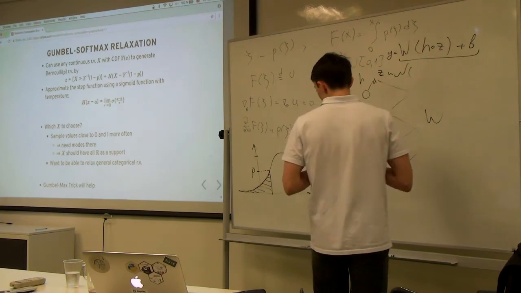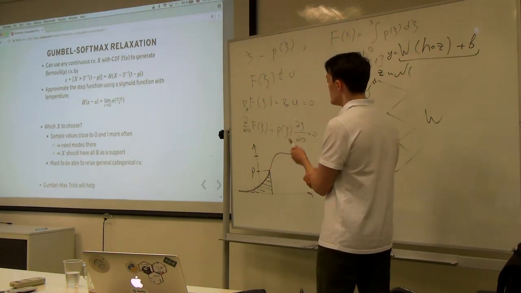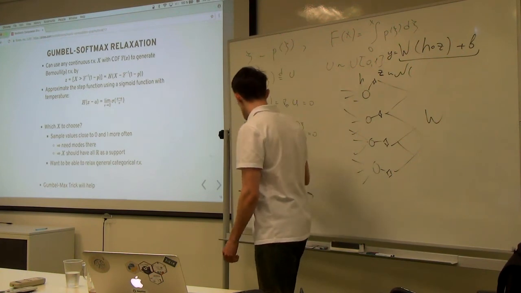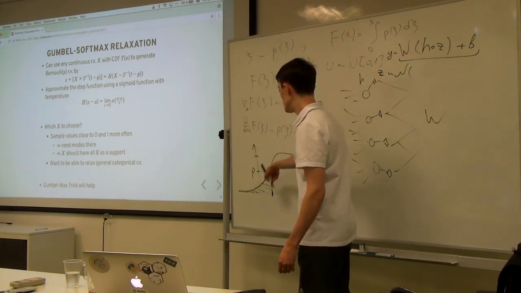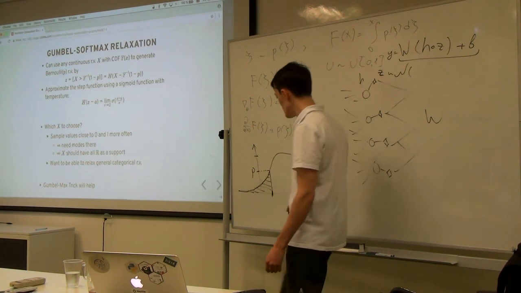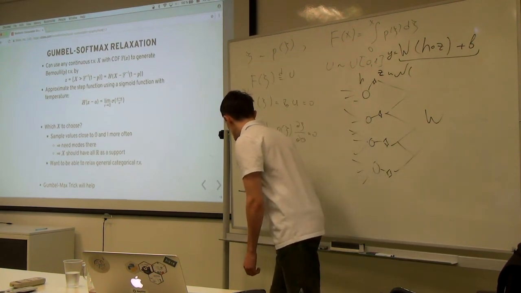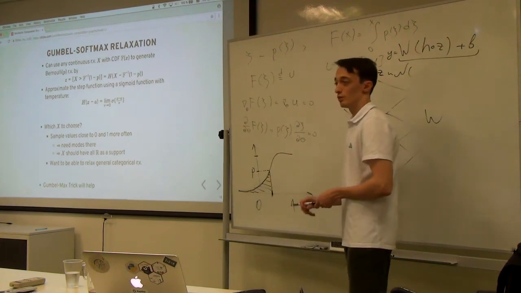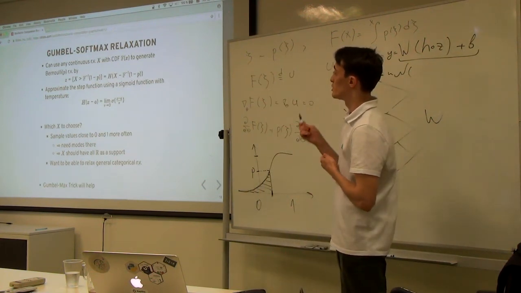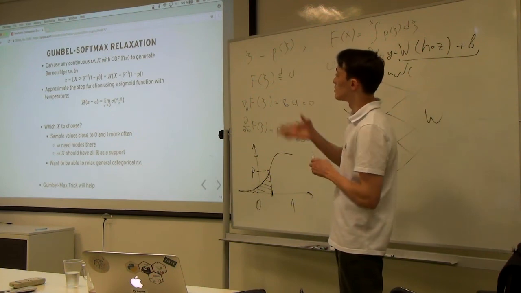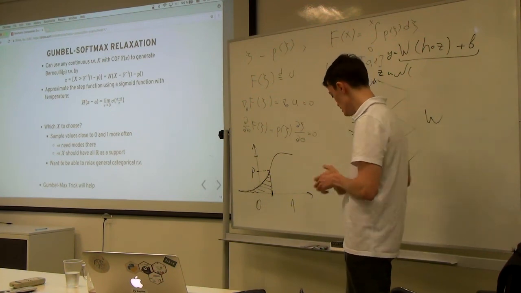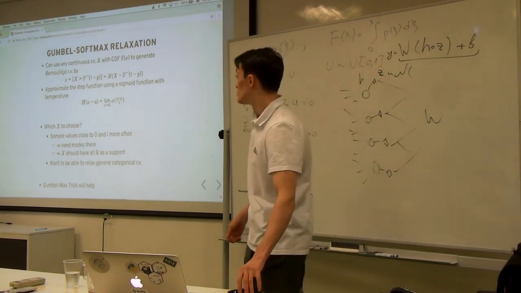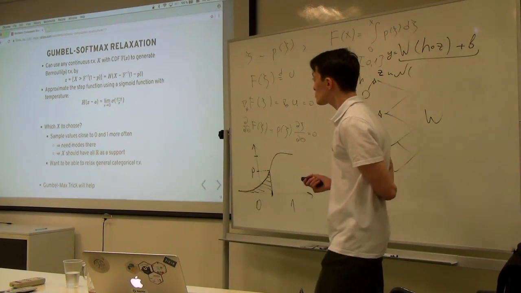So what we can do is to sample some random variable from this distribution with this CDF, and see whether it ends up here, then it will be 0, or it ends up on the right, then it will be 1. This is what the first formula captures. It just compares your x with the quantile of your distribution.